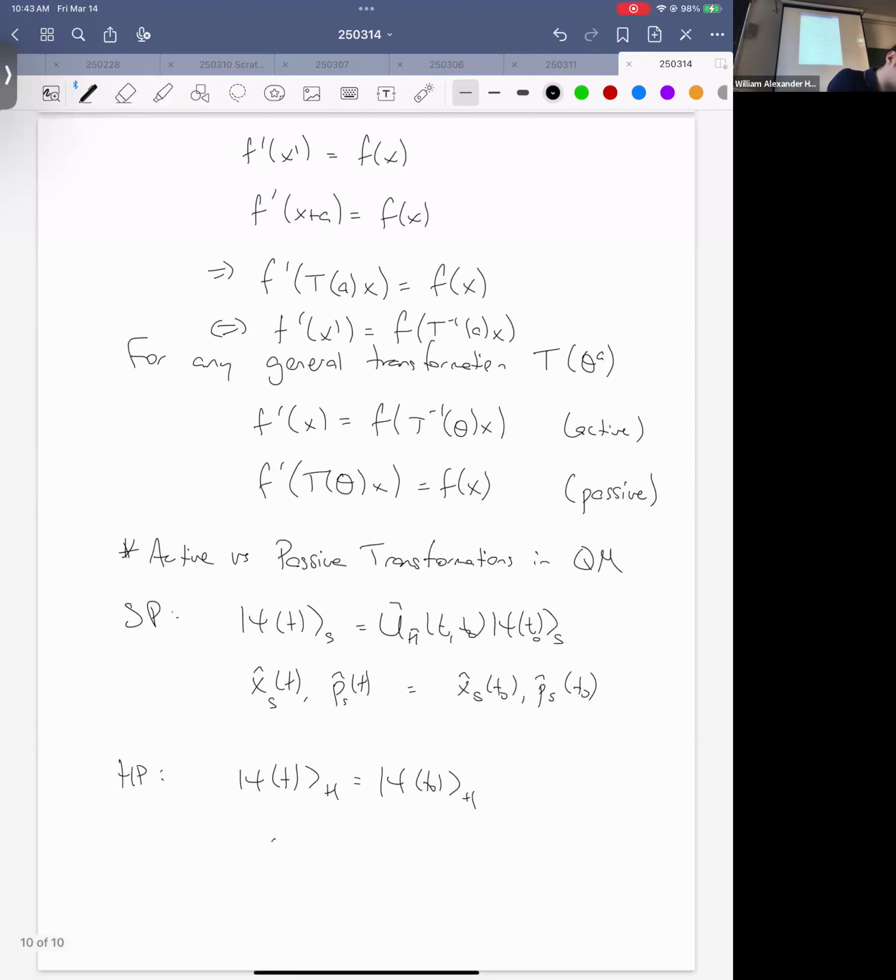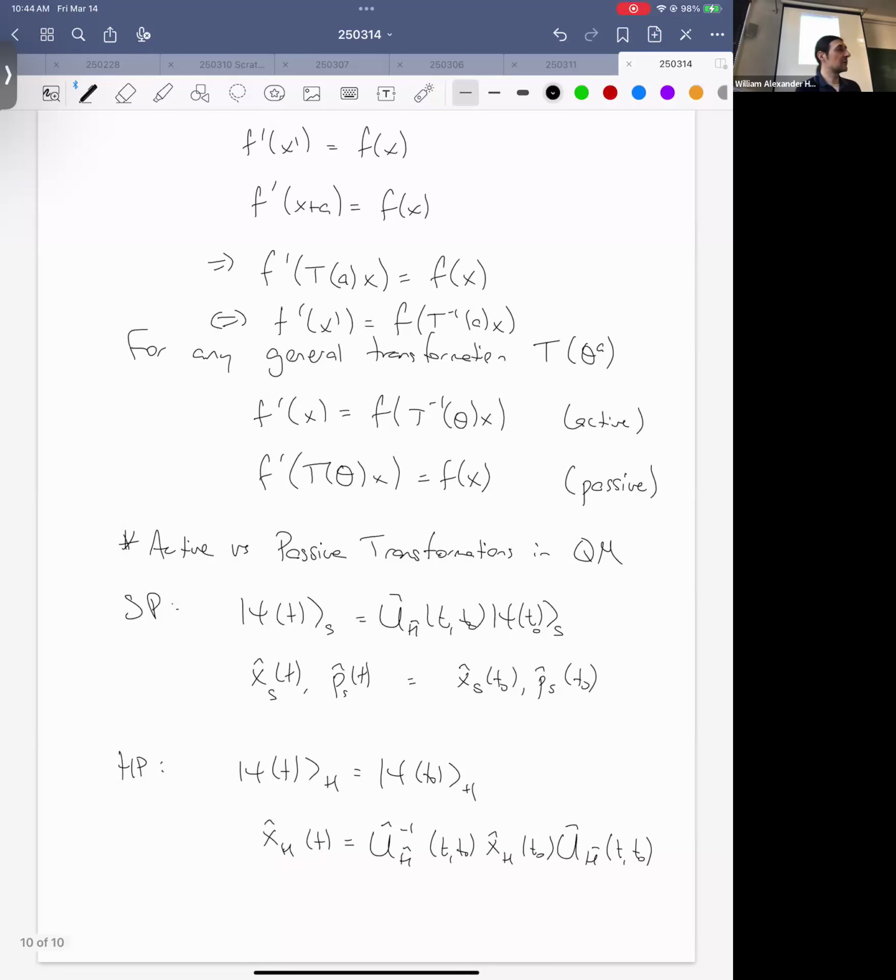And I say my x operator in the Heisenberg picture, this is the similarity transform, i.e. a change of basis from the operator at initial time, giving me the operator at final time. And I require that when there's been no time evolution, the two pictures coincide.